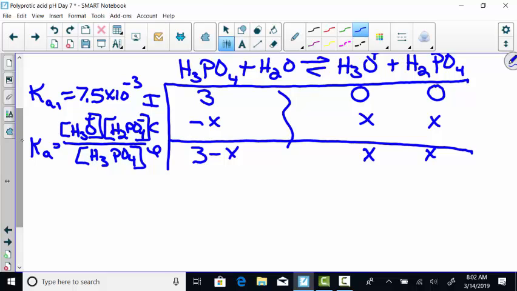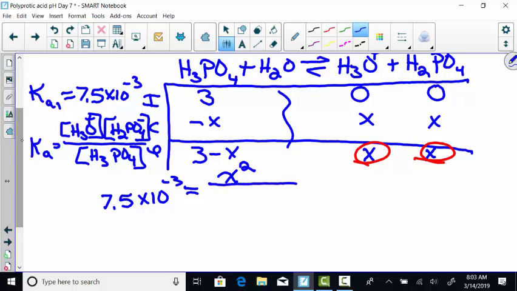So now I just fill in everything. My Ka is 7.5 times 10 to the minus third, that equals x times x. So I'm just going to go x squared right away, all over 3 minus x.